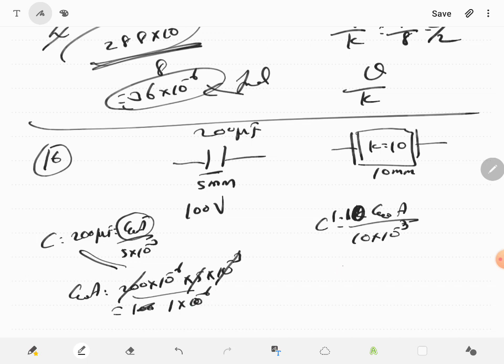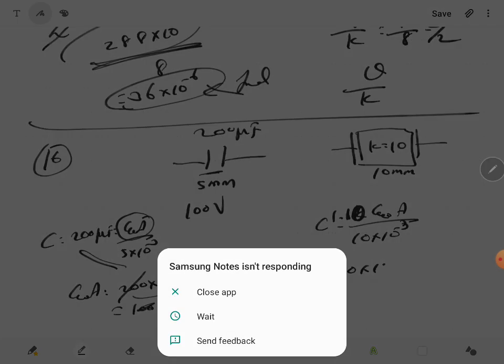So the new capacitance is 10 into 10 to the power minus 6 by 10 into 10 to the power minus 3. Do the calculation, you get the new capacitance. In the question, they had asked to explain with reason how the capacitance changes. You can substitute like this, and that's how the capacitance changes.